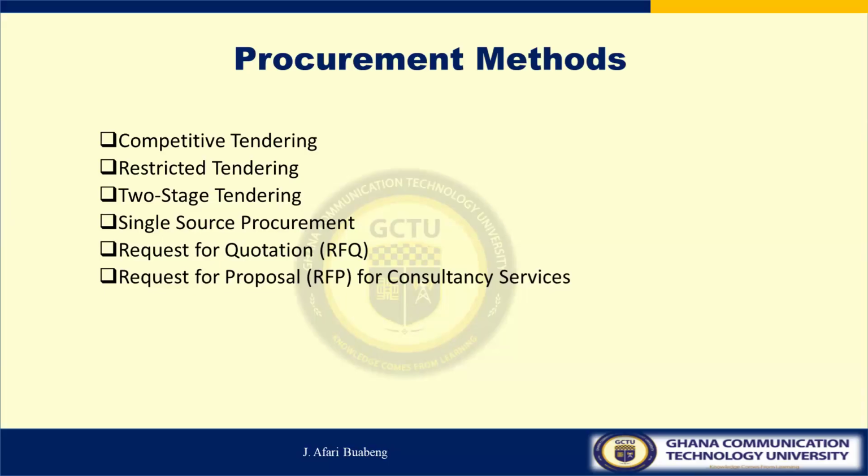So we have a method like competitive tendering method. In other jurisdictions, they call it what? Open tendering. And then we have restricted tendering, and there are a number of them.